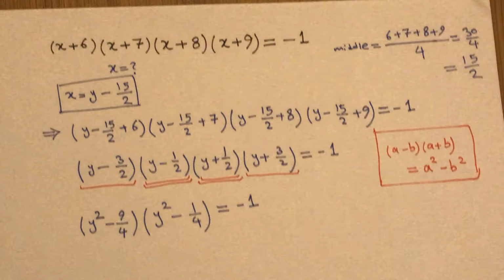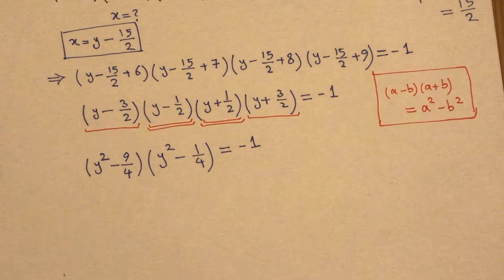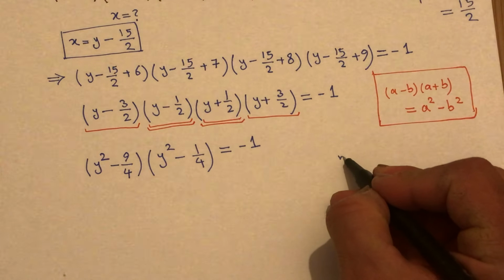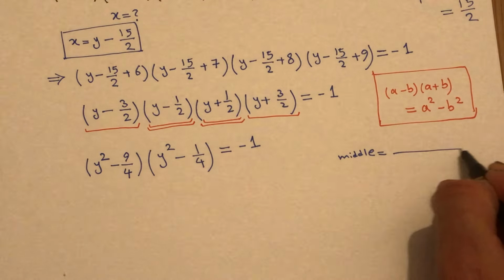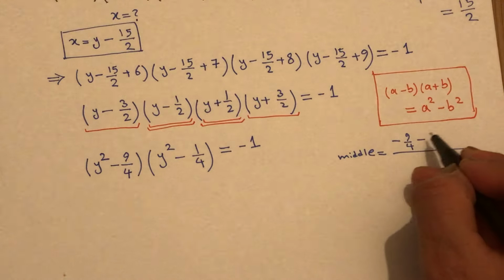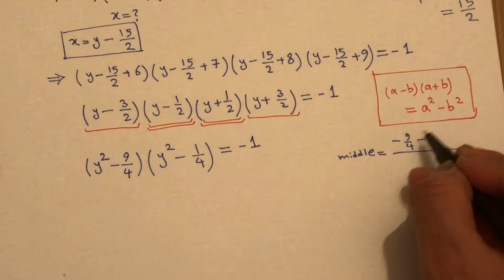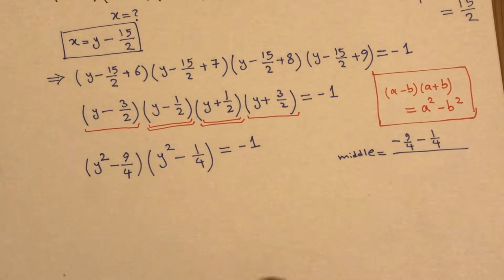Because they are consecutive, I can find the middle point, which is minus 9 over 4 plus minus 1 over 4, over 2, because we have two numbers here.